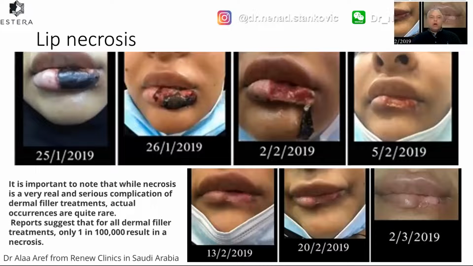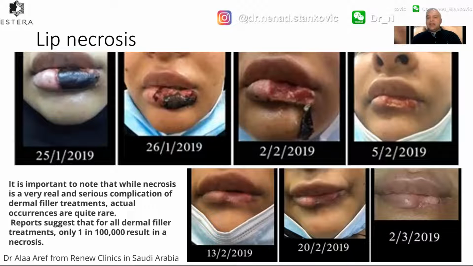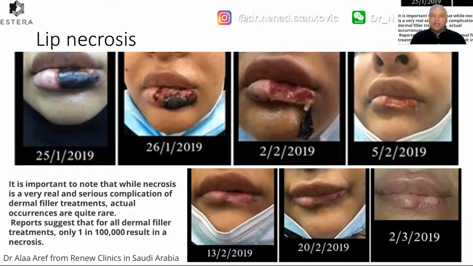Here we see one of the cases that Dr. Ala Aref from Renew Clinic Saudi Arabia showed, and we can see how the necrosis was progressing. In the third picture we see that part of the lower lip completely fell off, and when the wound healed we have a big damage.